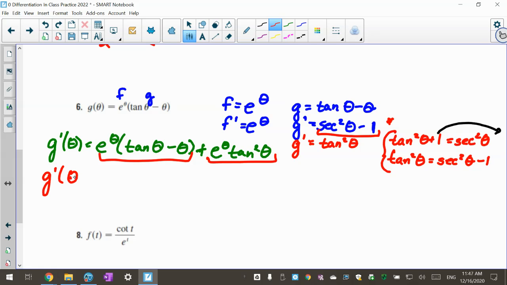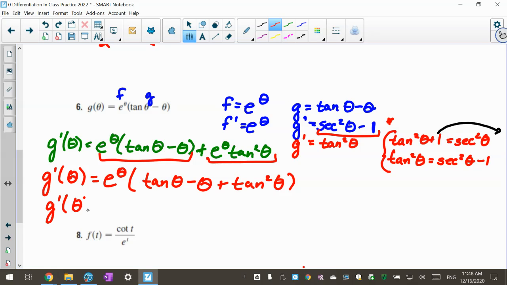So g prime of theta is e to the theta, and then tan theta minus theta will be left in that first term, plus tan squared theta. And then I just rewrote that because it looks weird to me having the tan squared at the end. So I've got g prime of theta equals e to the theta times tan squared theta plus tan theta minus theta. So that would be how we would leave number 6.